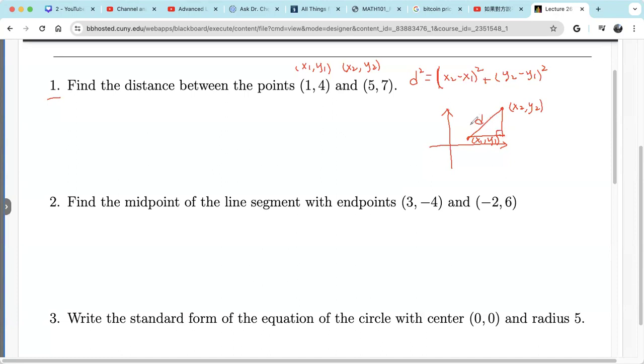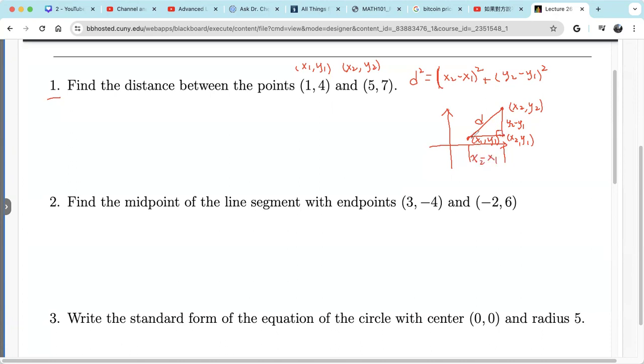You see the distance squared, the hypotenuse squared of this triangle, equals to, let's see, this one is y2 minus y1, because this point here has x value x2 but y value y1. So this height is y2 minus y1, and the bottom is x2 minus x1.